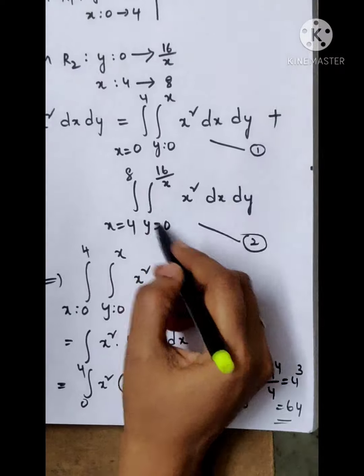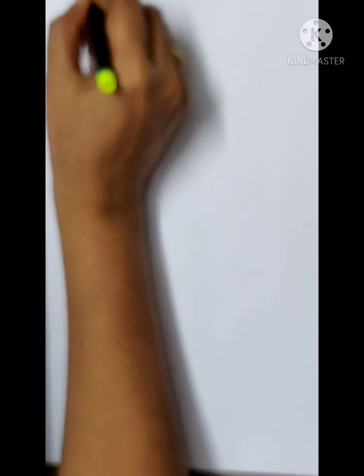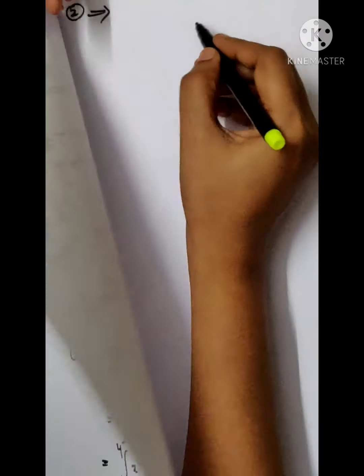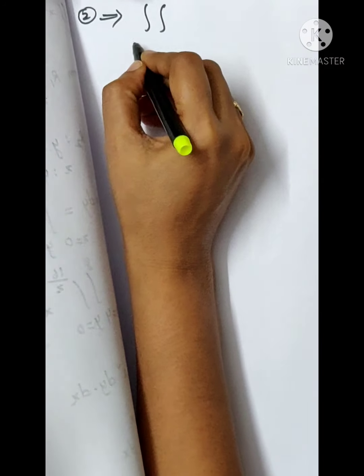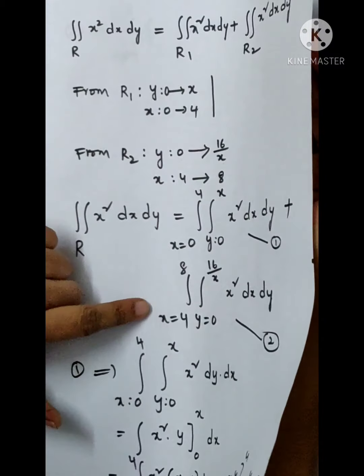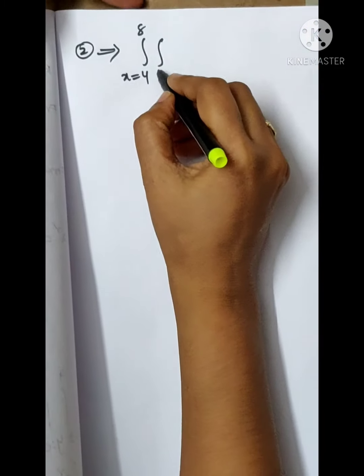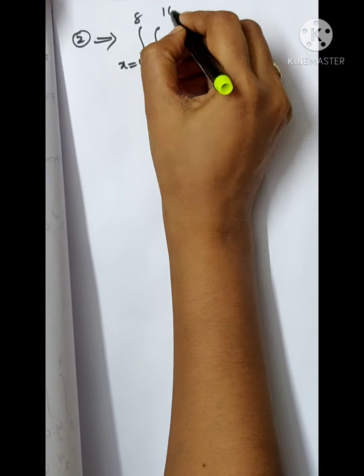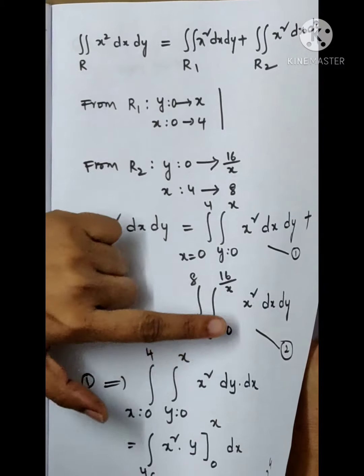Now we evaluate the second double integral. It is the double integral with x limits 4 to 8 and y limits 0 to 16 by x, of x square dx dy.